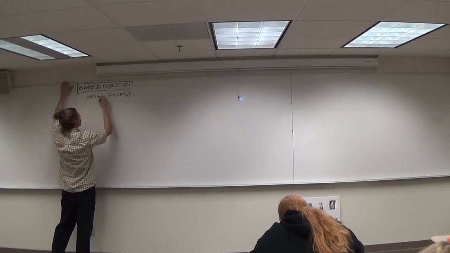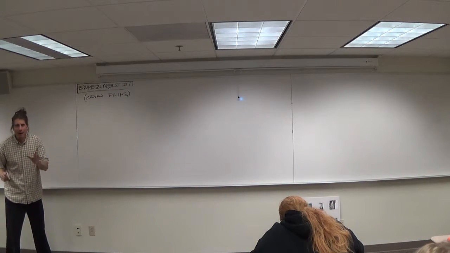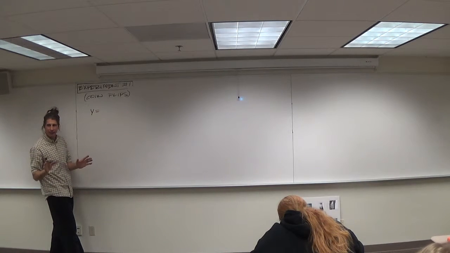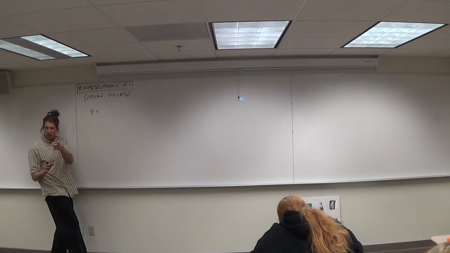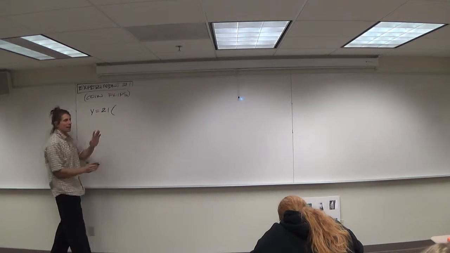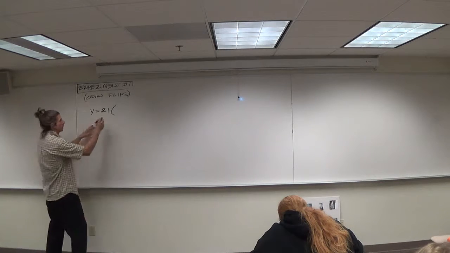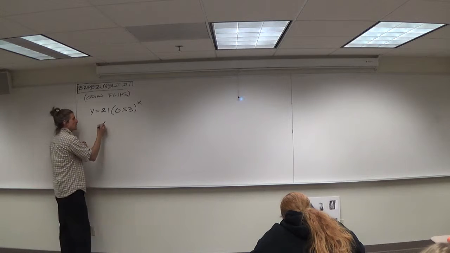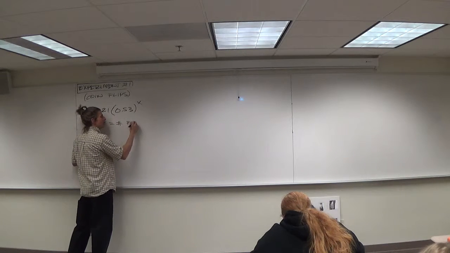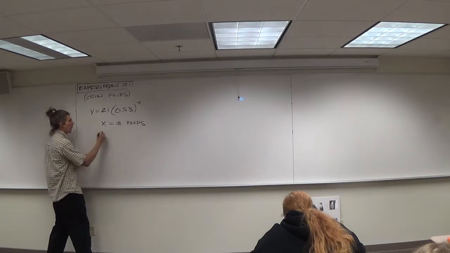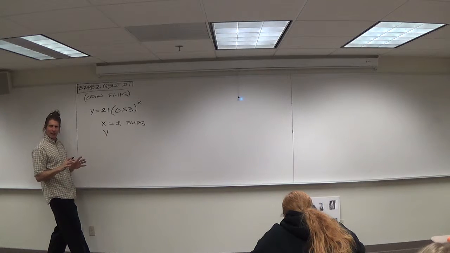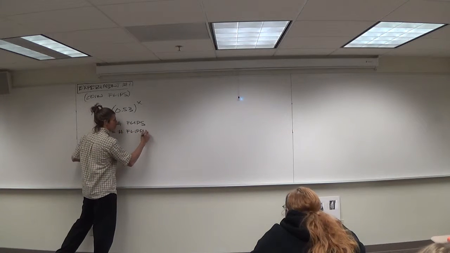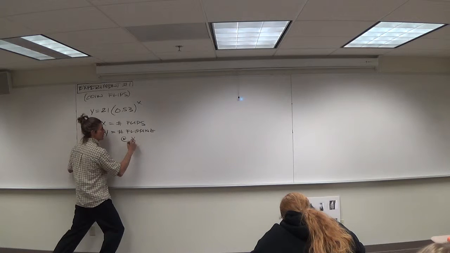And if I remember correctly, the coin flip model ended up being y equals 21 times 0.53 to the x power, where x is the number of flips that we took, and y, we defined it as the number of those remaining flipping. Y was the number flipping at x flips.